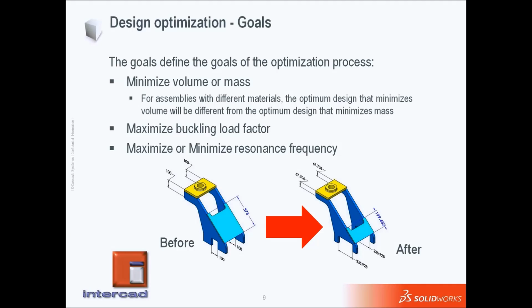That could be defined over the parts or, let's say, assemblies, where we're trying to get the performance or the specification for our design with the minimum volume or mass. In buckling analysis, it could be maximizing the buckling load factor, or in, let's say, frequency analysis, it could be maximizing or minimizing the resonance frequency.